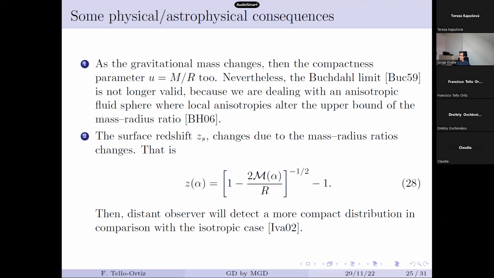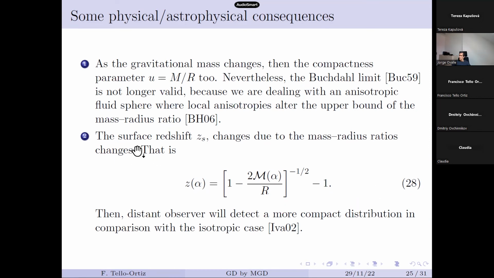In this case, when you are introducing a different behavior, an anisotropic behavior via gravitational decoupling by means of the minimal geometric deformation approach, the upper bound of this compactness factor changes, and its upper bound often depends on how you are introducing this anisotropic behavior into the stellar interior, for example.